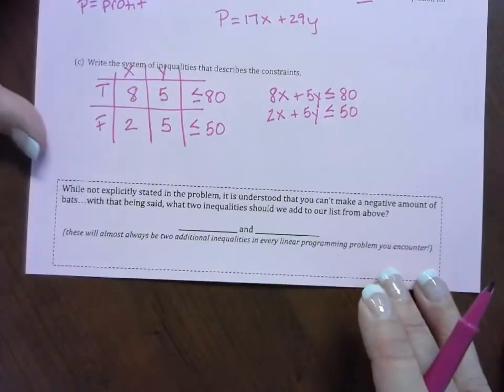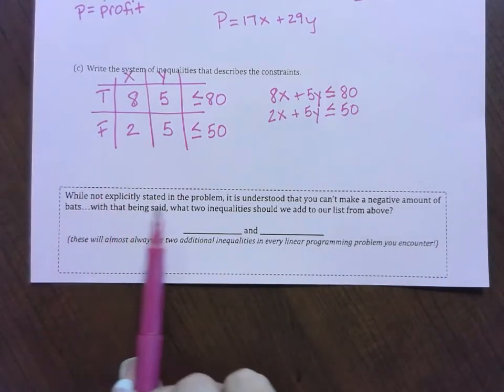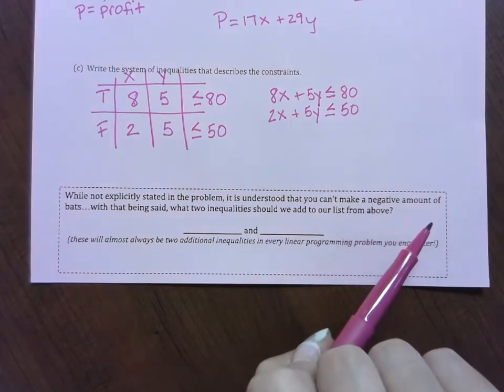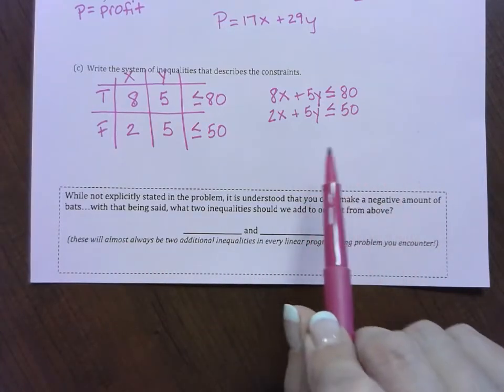Now I want to think about something. It's not stated, but I can't make a negative amount of bats, right? So what two inequalities should I add to my list?